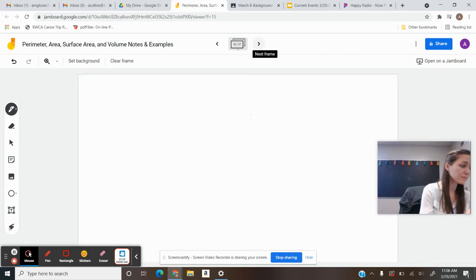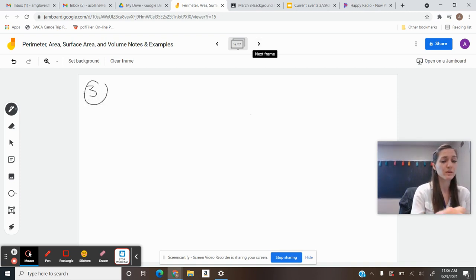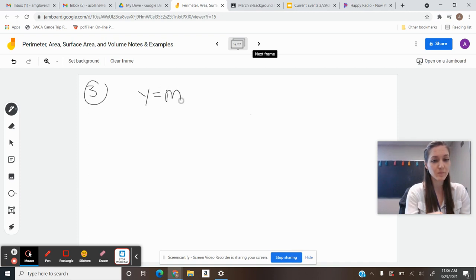Number 3, you're using an equation to find slope. Okay. And we kind of worked with this thing called slope-intercept form, and that's when your equation looks something like this. Y equals some number times x plus or minus another number.